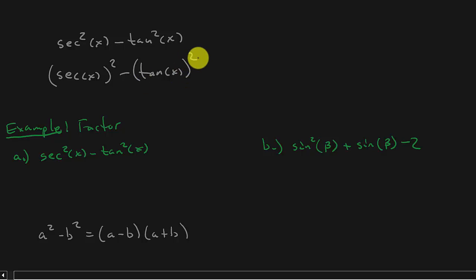It's just easier to write it like this. So instead of putting the trig function in parentheses and writing the squared out here, we just put the squared right here, or whatever exponent. It could be cubed or to the 4th or whatever.